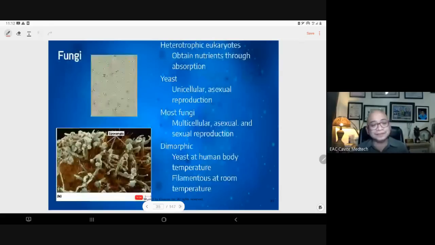And moving on to fungi. We have a separate course for this one. Next semester, after passing bacteriology, the next course would be mycology.